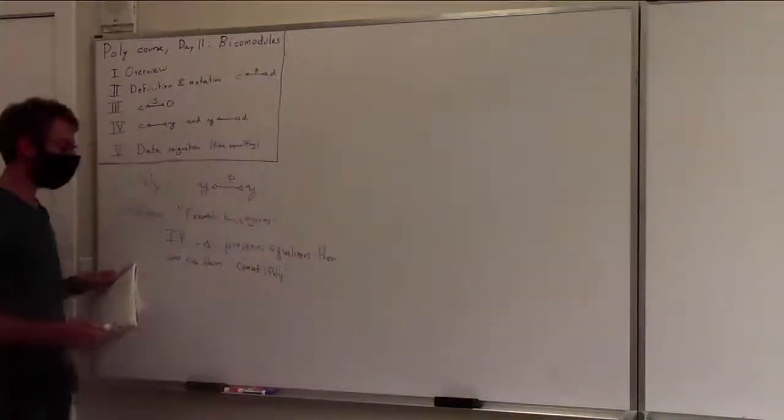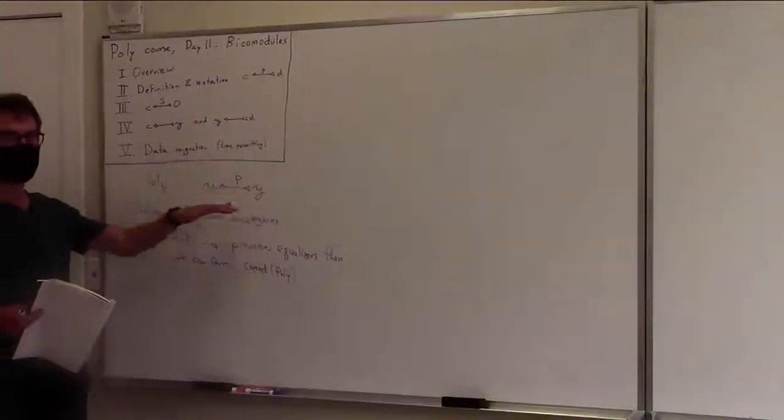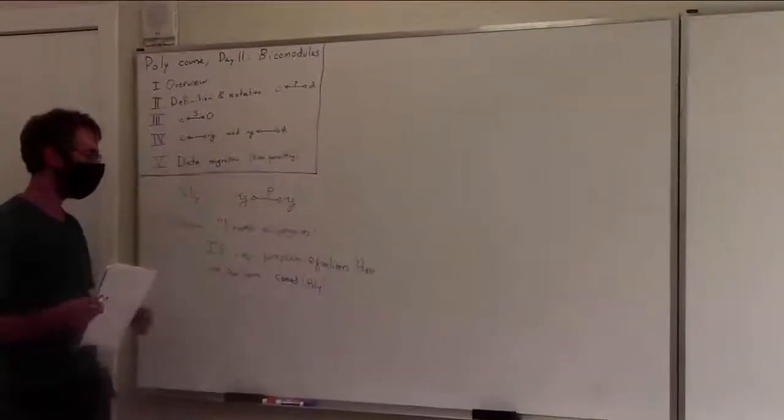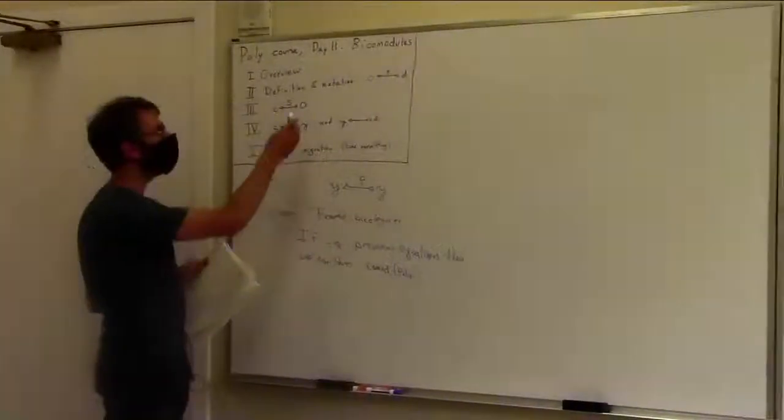And this is what's called an equipment, and we'll be getting to equipments not tomorrow, not next time, but the time after that, the last class. So he says we can form this thing, and this is the thing we'll be talking about today.